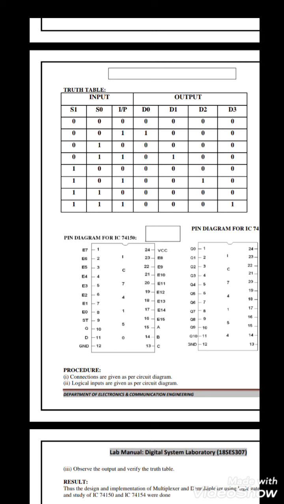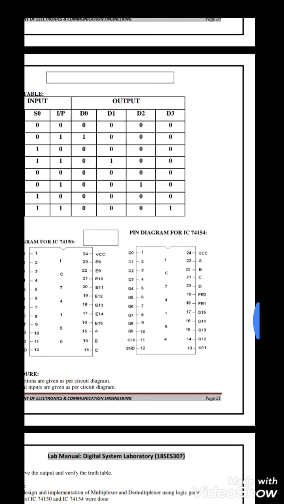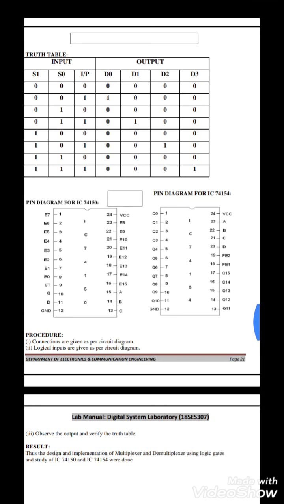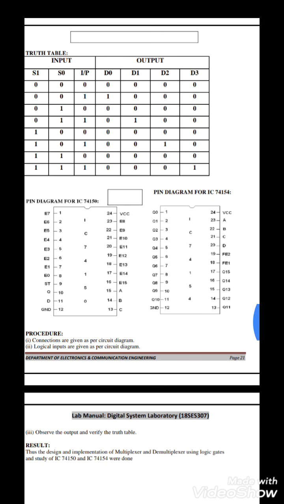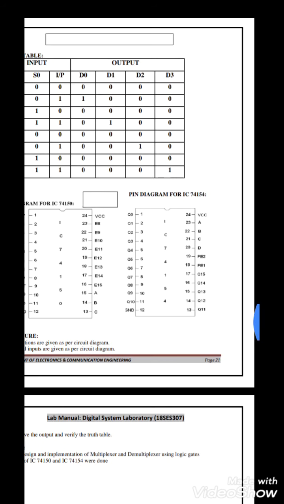Pin 12 connects to the ground potential, and pin 24 connects to plus 5 volts VCC. So this IC 74150 is used to do the 16x1 multiplexer. Based on that pin diagram, you implement the connection and verify the 16x1 multiplexer.